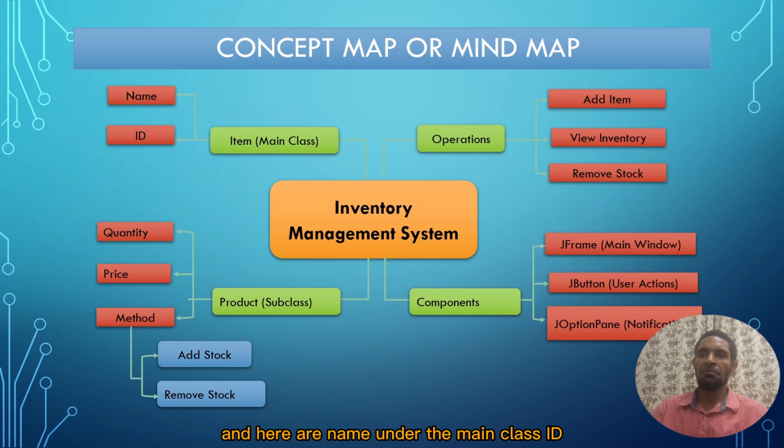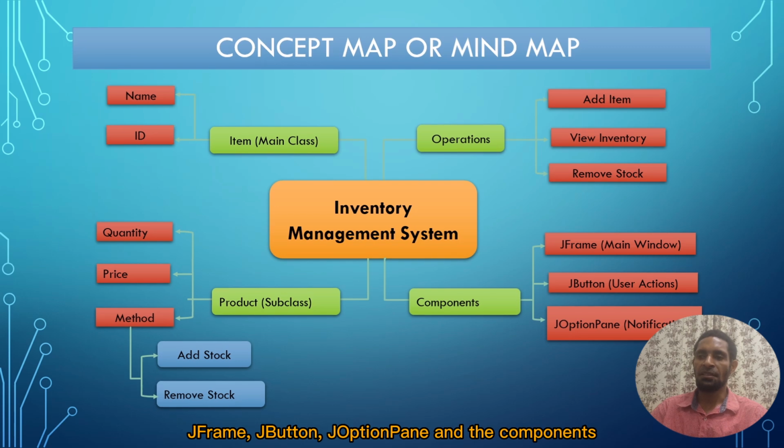Under the main class item, we have name and ID. Under product, we have quantity, price, and methods, adding stock and removing stock. Under operations, we have add item, view inventory, and remove stock. JFrame, JButton, and option pane are under the components.